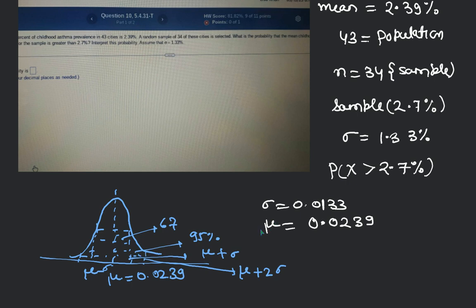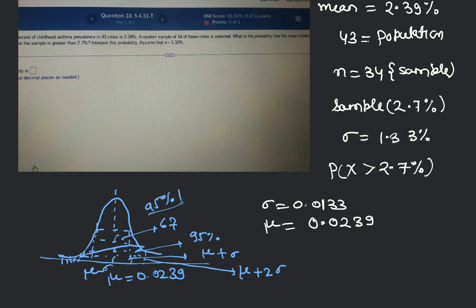Hello Lisa, am I audible to you? Now our question is about the sample which is greater than 2.7%, so from data from here to here, this whole data is basically 95%.